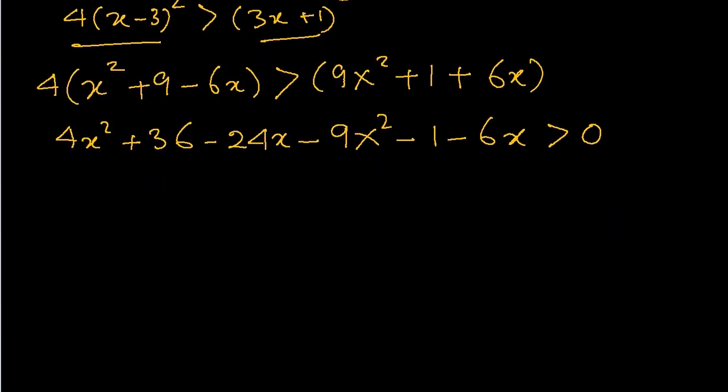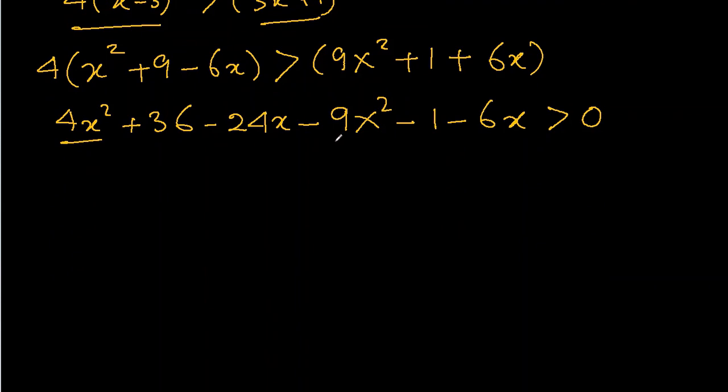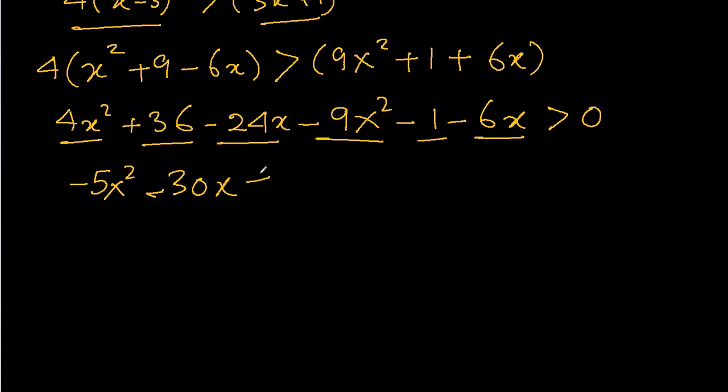Okay, so now 4x squared minus 9x squared is minus 5x squared, minus 24x minus 6x will be minus 30x, and 36 minus 1 is 35. Plus 35 greater than 0. So it becomes a quadratic.